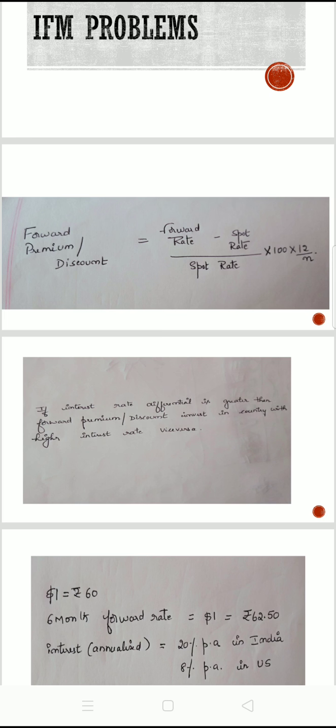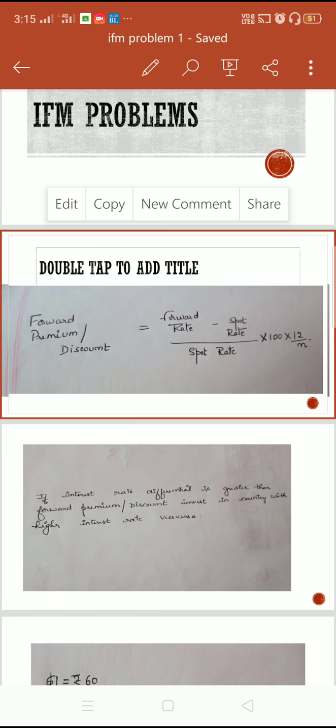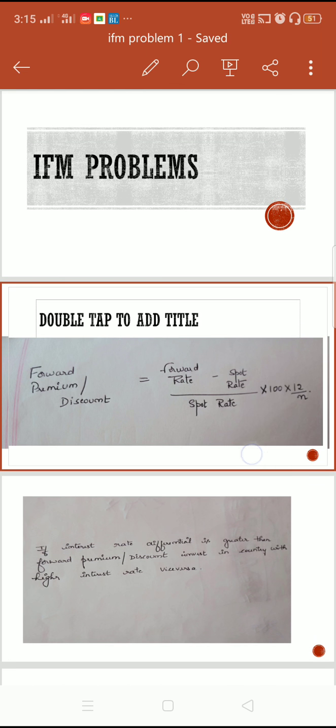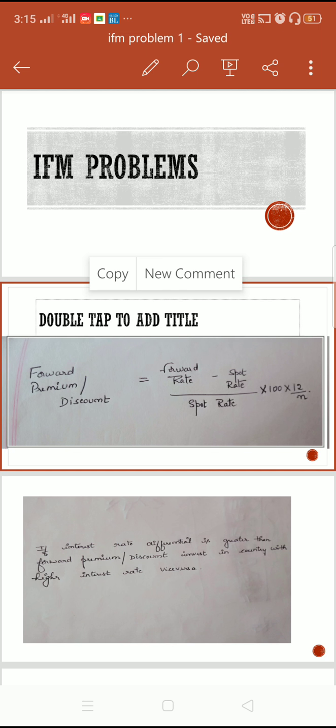Now for this, please take down this formula. To see whether there is any arbitrage profit or not, first we need to check whether the forward is at premium or discount. For checking that, we have this formula: forward premium or discount is equal to (forward rate minus spot rate) divided by spot rate, into 100, into 12 divided by n.